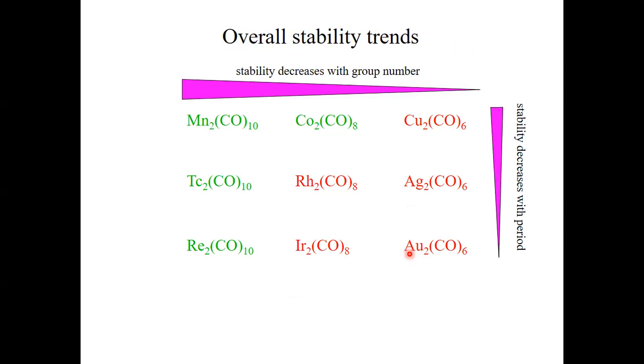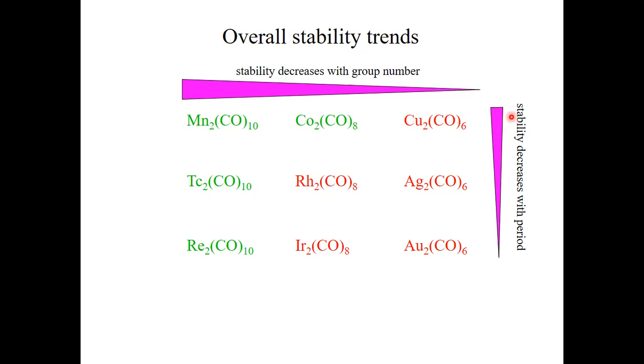Okay, so we can also determine a stability trend for the dimer carbonyls, and the stability trend is similar to those for the mononuclear ones. So again, as we go from the left to the right in the periodic table, the stability decreases. So the manganese and the cobalt are known, but the copper is not known, again, because we go from the coordination number 6 to 5 to 4, and as we lower the coordination number, the pi orbital overlap decreases, so the pi accepting interactions become weaker, which destabilizes the carbonyl.